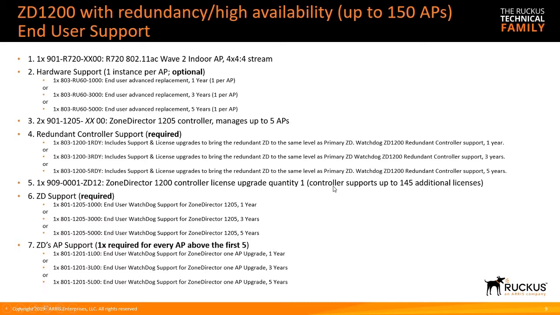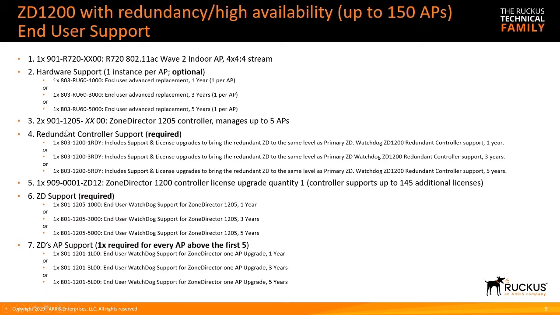And then you're going to buy your AP licenses as usual, and support on the ZoneDirector. So this was the redundant controller support. This is the support on the regular controller, and then this is the AP support.